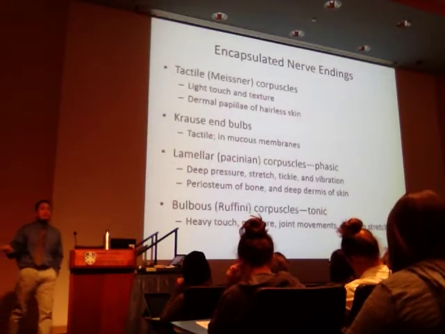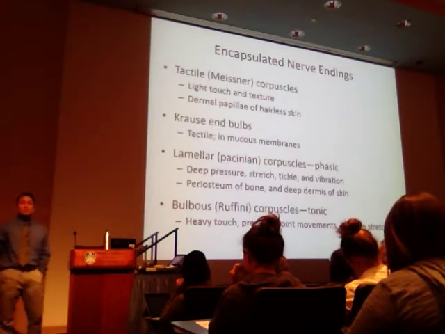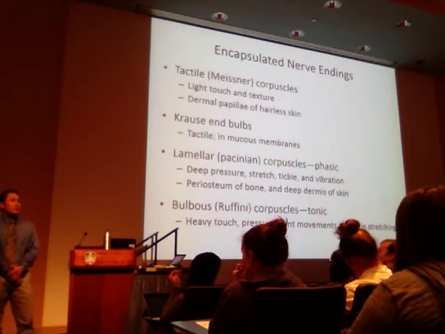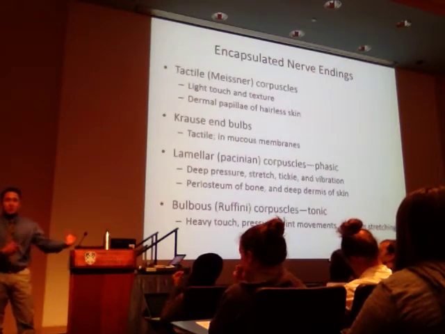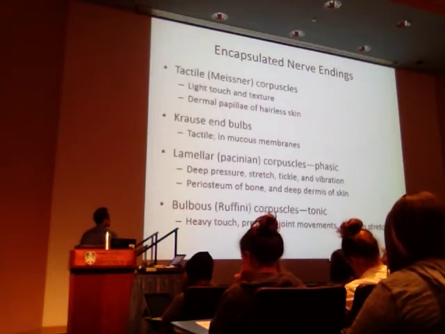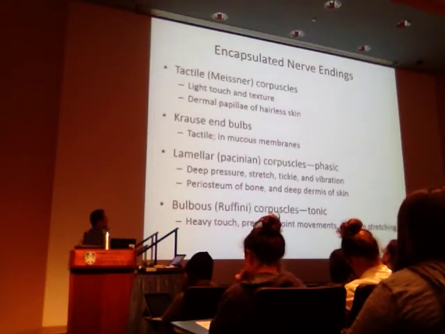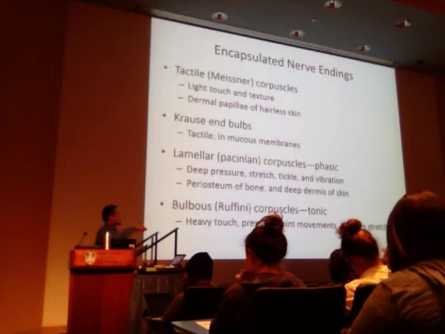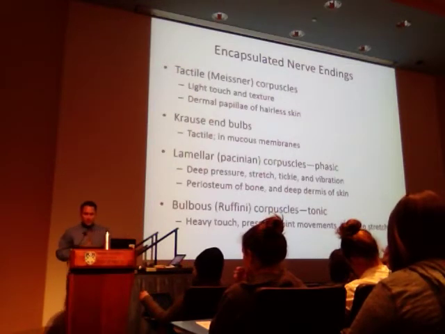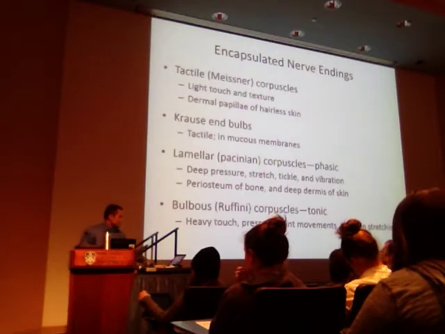It's also found in the periosteum of the bone. So you do actually have sensation around the bone that gives you information about what's happening stress-wise at the level of the bone. And then our bulbous, otherwise known as a Ruffinian corpuscle. This is more heavy touch, like joint positions and even stretching of the skin. Different modalities. That's all this is.